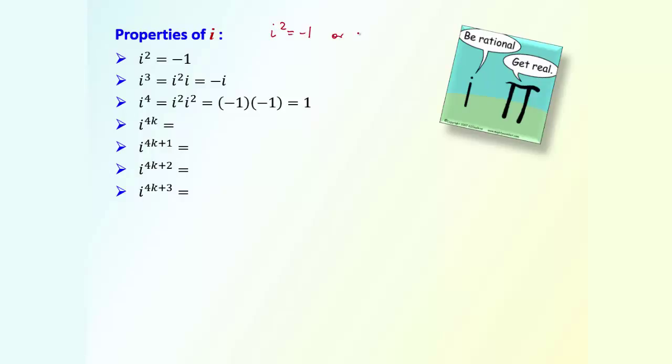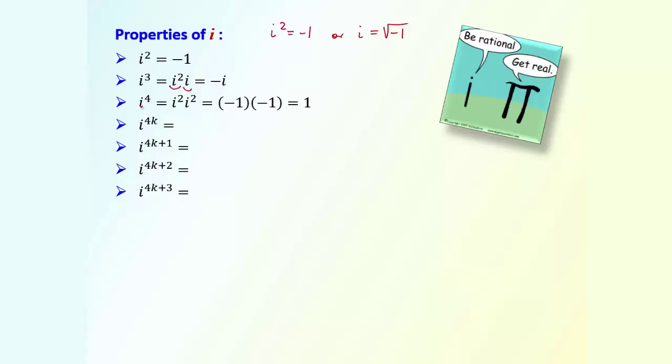The other part of the definition says i is the same as root of negative 1. So we can refer to both of these. i squared equals negative 1, that comes directly from the definition of i. Then if we want to figure out the third power of i, we can split i to the 3 into i squared times i, which is negative 1 times i, so overall you have negative i.